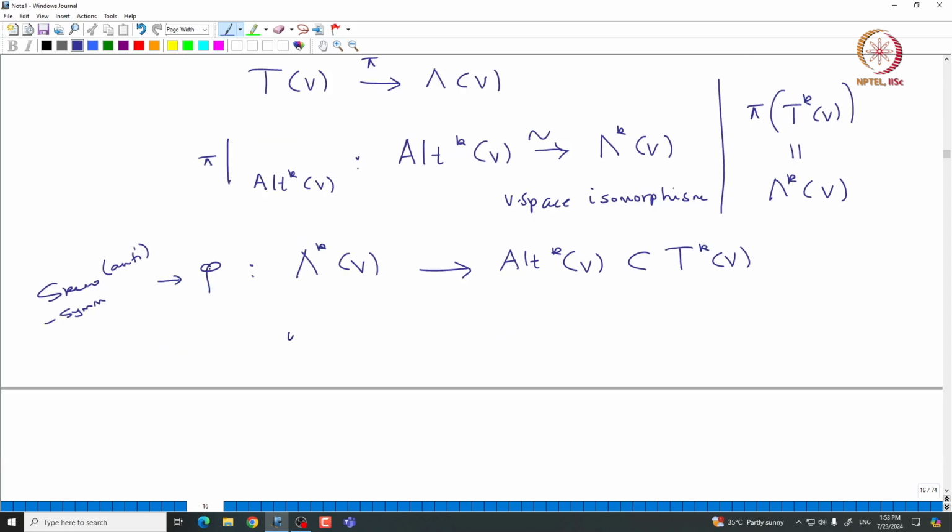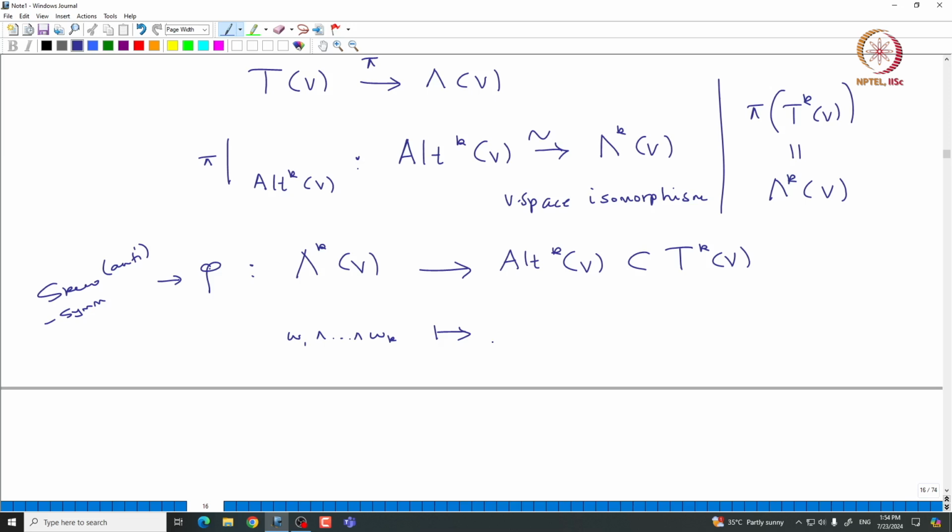You take any wedge product w1 wedge etc., wedge wk, which will be some basic element inside Lambda^k of V. It is enough to define it on this and then extend linearly. For example, you can do it on the basis.